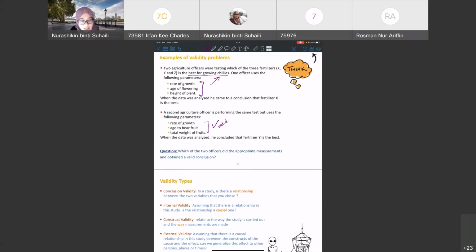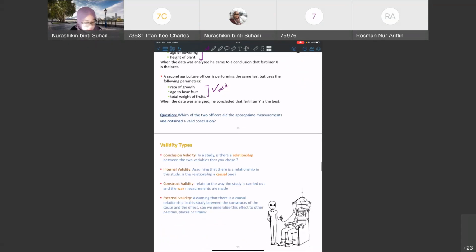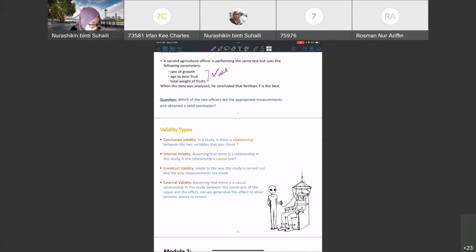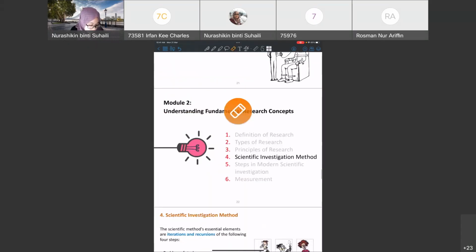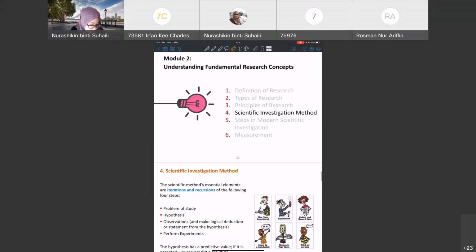What are the things that influence the measurement? External validity is external factors that can affect the results of the research. Outside factors. So this is actually more about theories. It's not really applied, you just have to understand the relevance of it.